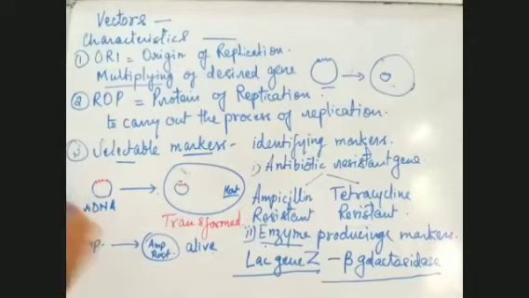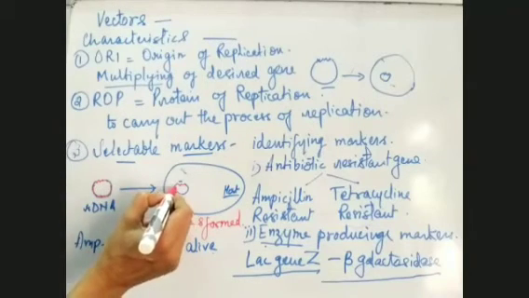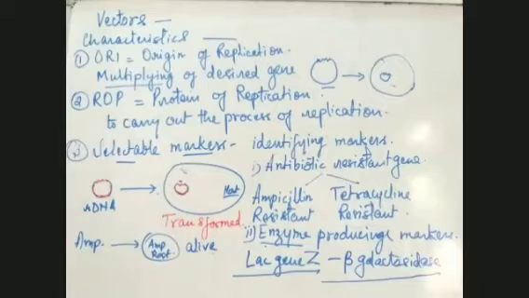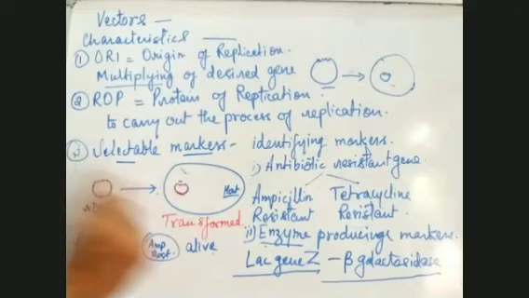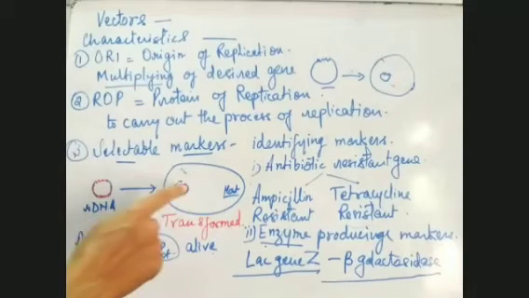When they are present in the plasmids, they tell you, yes, suppose this has this marker, when it goes inside, it will show us by any reaction, by any change of color, that I am in this host. So we will come to know that this host has a desired gene.